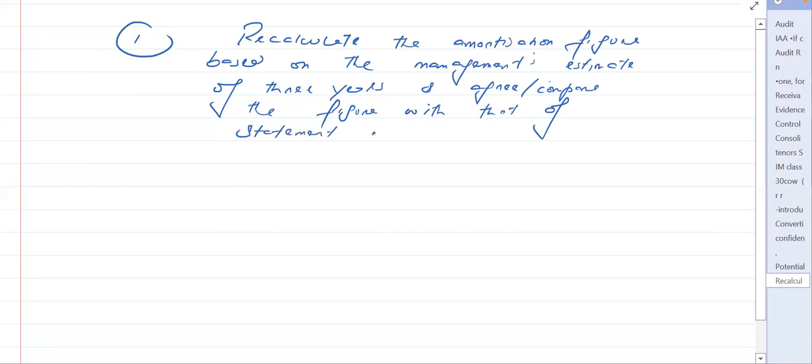The figure they have reported within the statement of profit or loss should be the same figure. So recalculate the amortization figure based on the management estimate.